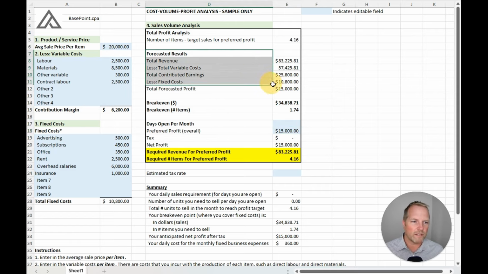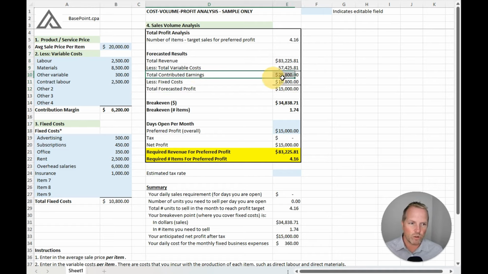So here's the forecasted results here. By doing 4 to 5 jobs a month, 4.16 jobs a month, you're looking at total revenue of $83,000 per month. Total variable cost, $57,425, gets you to total contributed earnings. Again, these are the earnings to contribute to your fixed overhead and your profit, which is what we determined over here.